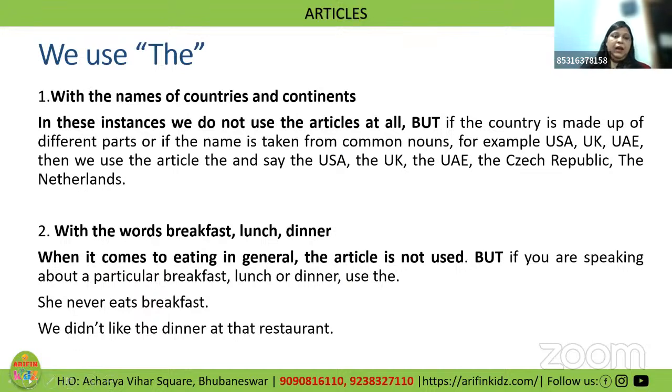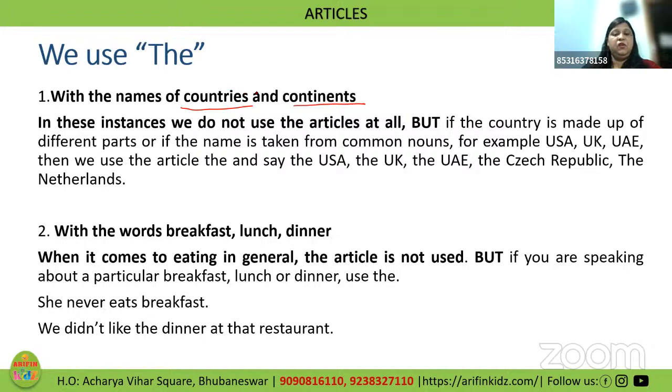Now, where else do we use the? We use it with the names of countries and continents. How many continents are there? Number of continents on Earth, in the world. Let it be. So, in these instances, we do not use articles at all.